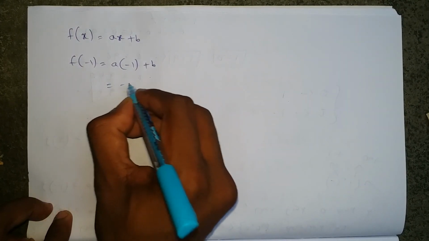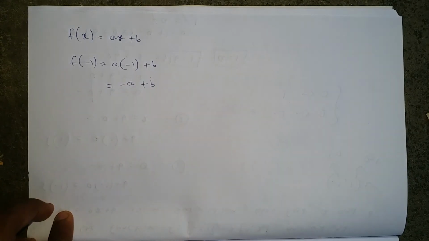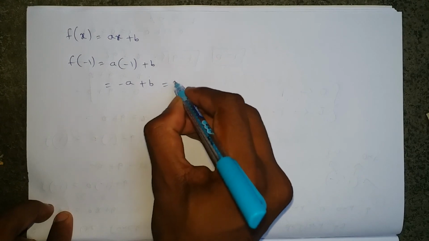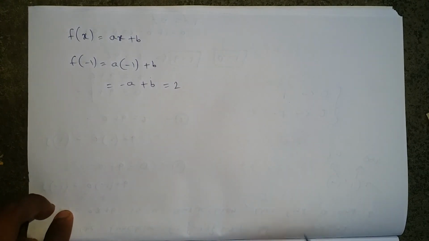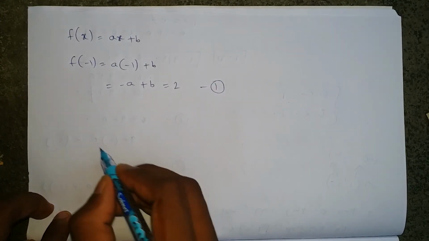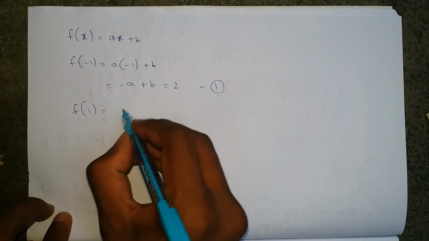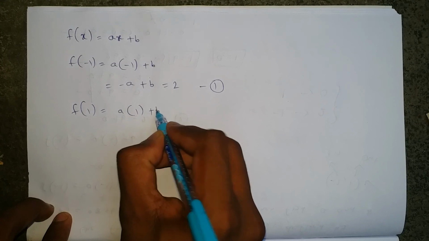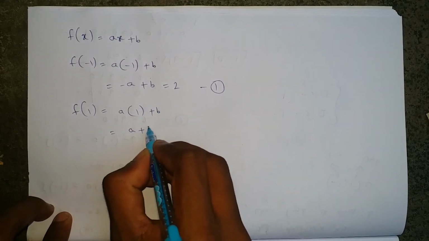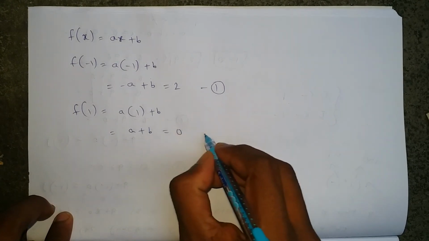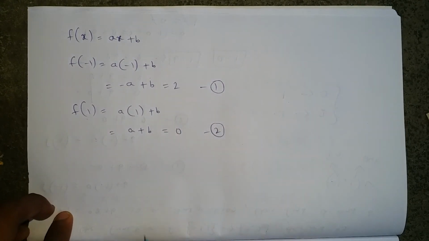A into minus 1 is minus a, plus b. Now according to the second case, when minus 1 is substituted, the answer is 2. So minus a plus b is equal to 2. This is equation 1. Now I will substitute plus 1. So f of plus 1 is equal to a into 1 plus b. A into 1, a plus b is equal to 0, since when we substituted plus 1 we got the answer 0. Two equations we got. Let us solve these two equations.